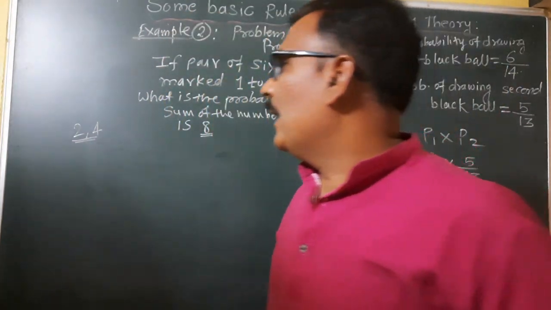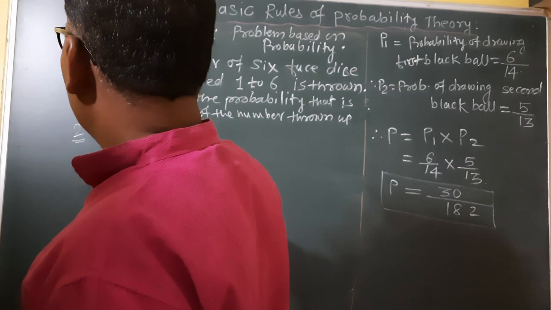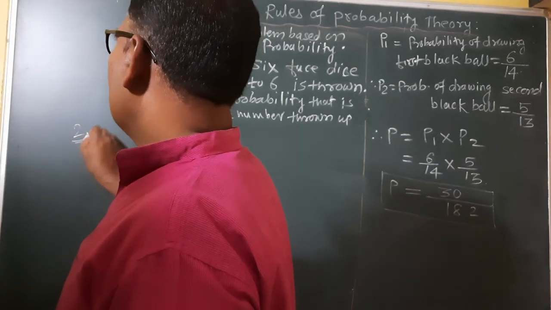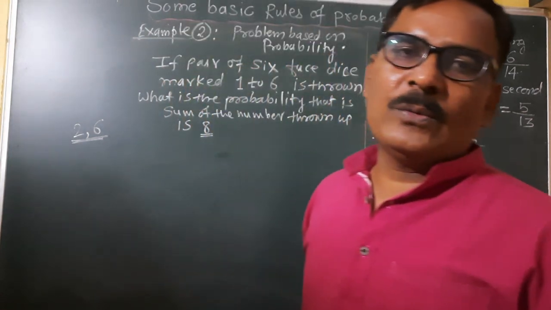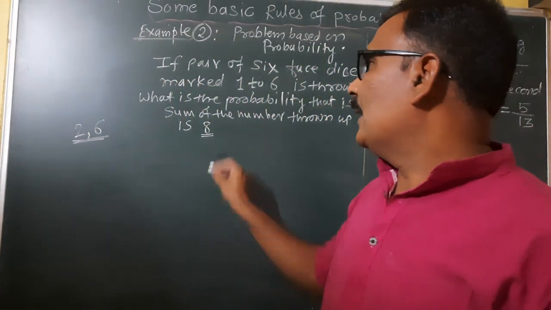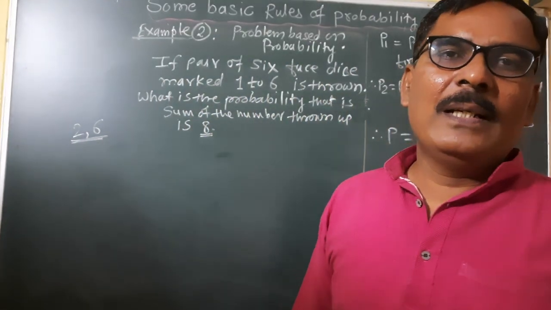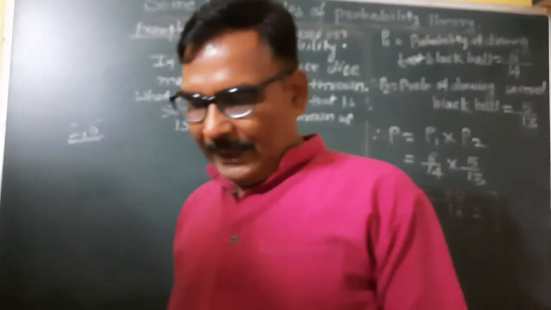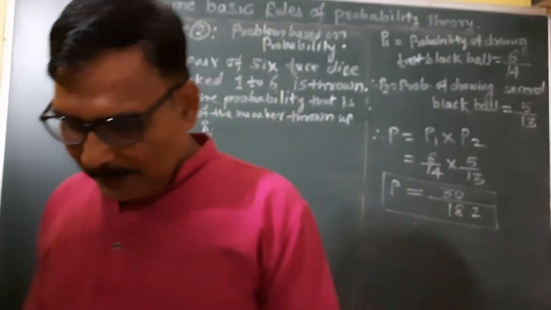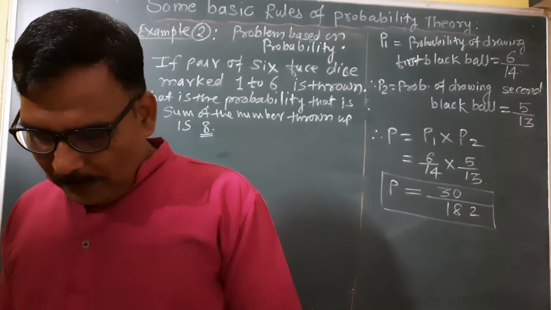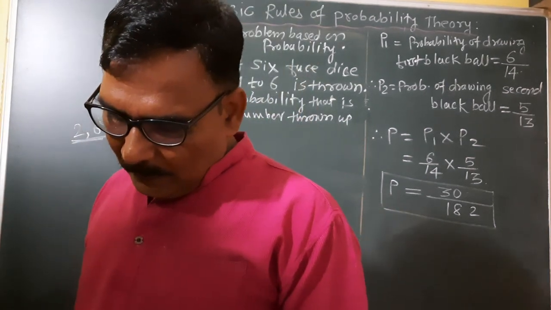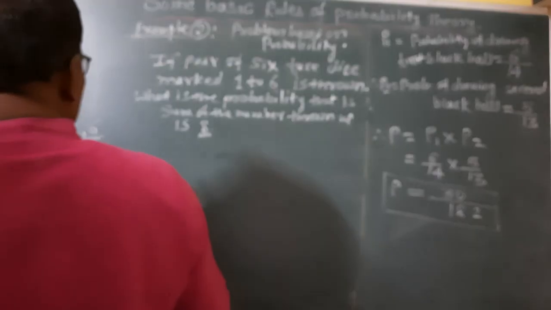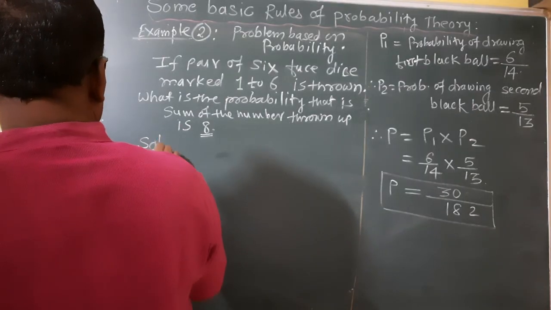The event is possible only when the number is 6: the first is 2 and the second is 6. Then the sum of the numbers is 8. Now we have to solve this: the total number of different ways in which the dice can fall. First of all, write the solution.